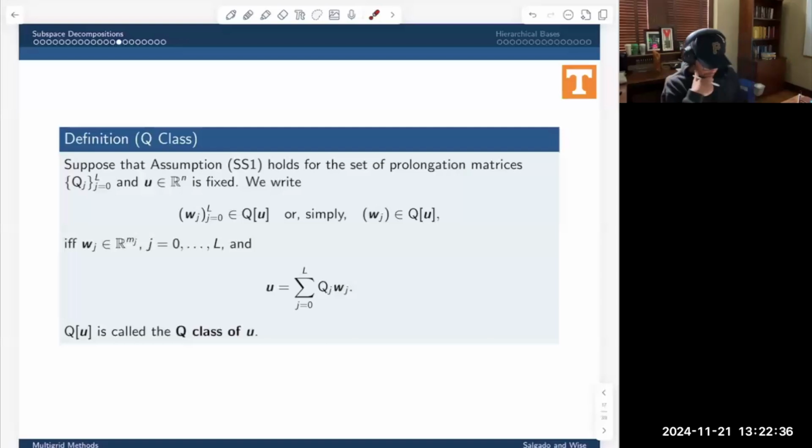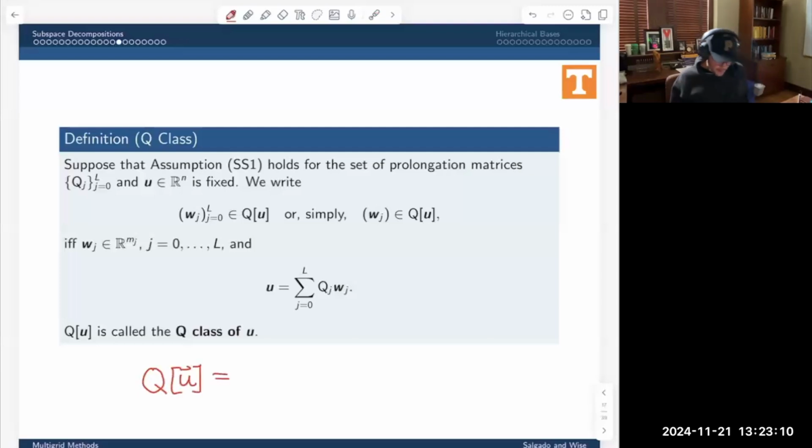Yeah, I forgot to replace this with a better definition that I have in the lecture notes. So I'll give you the definition that's in the lecture notes because that's much, much cleaner and better, I think. This is kind of true, but I don't like this kind of backwards way of defining this. So, okay, we're going to call Q U the Q class of the vector U.